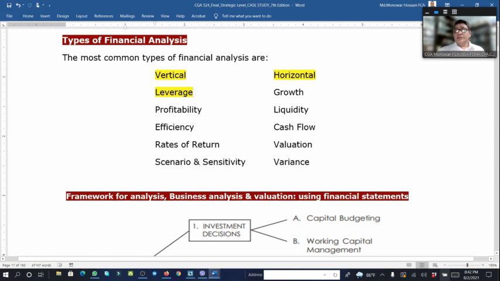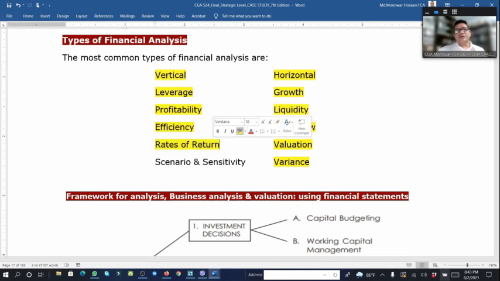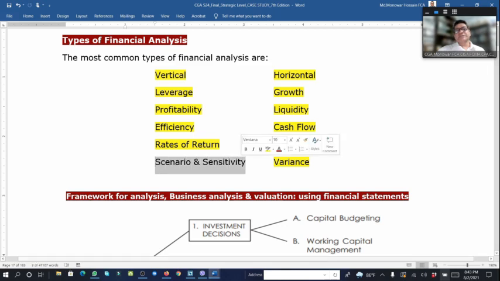That leverage can be operating leverage, financial leverage also, and growth model, growth analysis, sometimes liquidity analysis, cash flow analysis, valuation of our company, variance analysis, profitability analysis, efficiency analysis, rate of return calculation of the project, scenario or sensitivity analysis. That type of analysis we should understand for our case study.